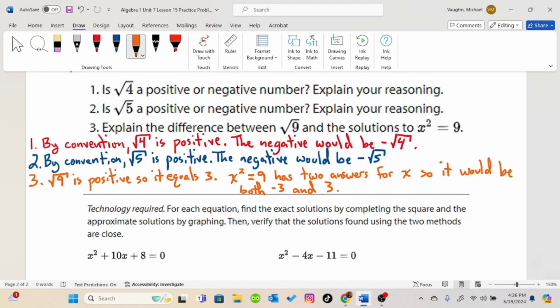So I know this might be a little confusing, wondering why sometimes we say it's one and sometimes we say it's the other.